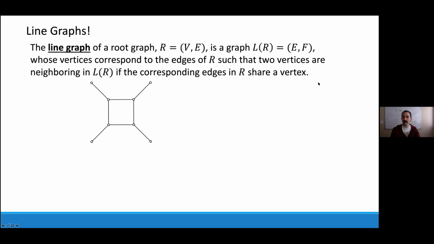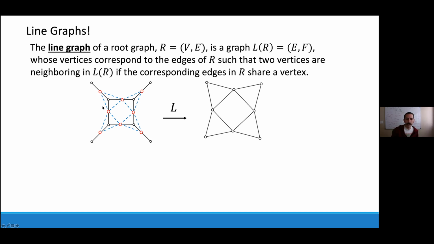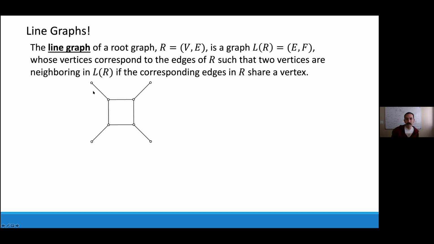So let's do an example. Otherwise, I think this language gets confusing. Over here, we have two graphs: a fiducial graph and its line graph. So let me back up. Here we have a root graph, and I'm going to take the line graph of the root graph.